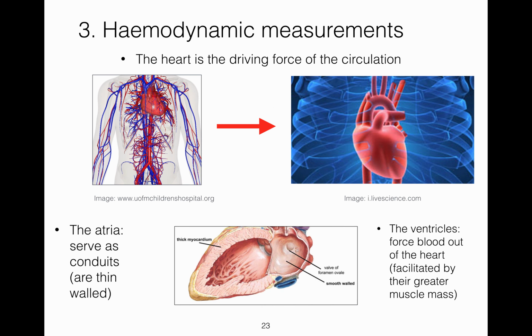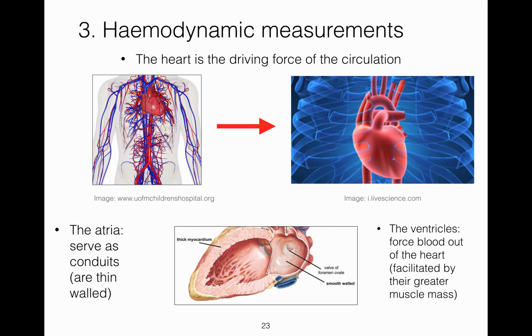The heart is the driving force of the circulation. Like the blood vessels into which the heart ejects blood, the chambers of the heart have different anatomical features which help to support their function. The atria, which serve largely as conduits, are thin-walled.